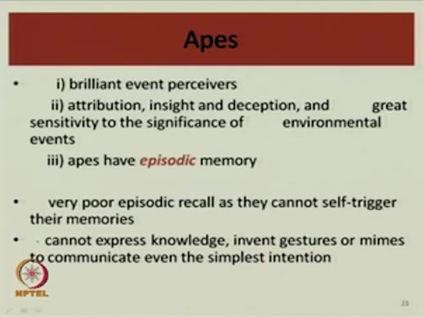Okay, this will lead us to an important change in the first transformation. Apes have a memory system which is episodic in nature. That is, they do not have easy recall without environmental cues, right?